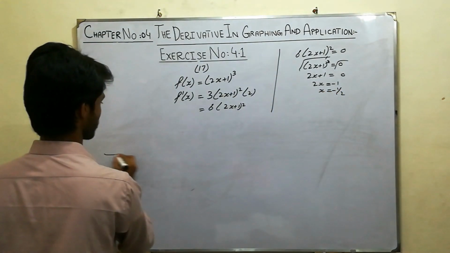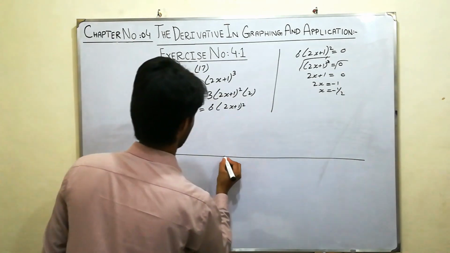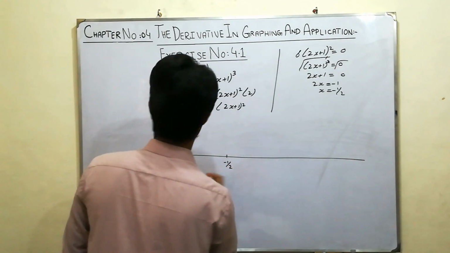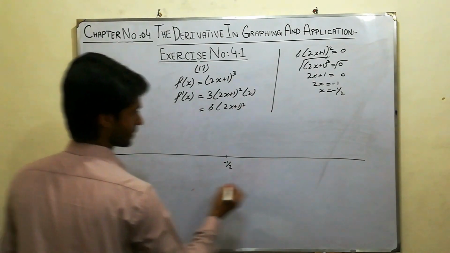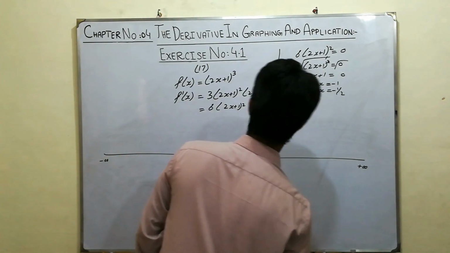We have a point x is equal to minus 1 by 2, with minus infinity and plus infinity on either side.